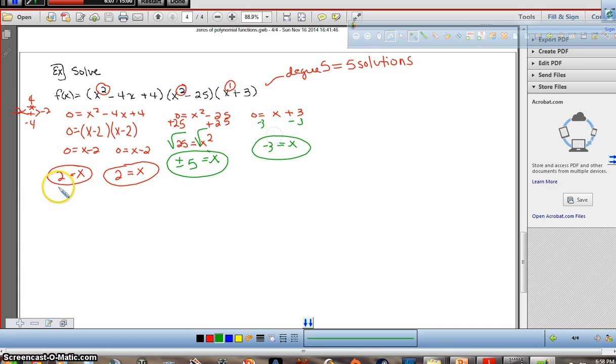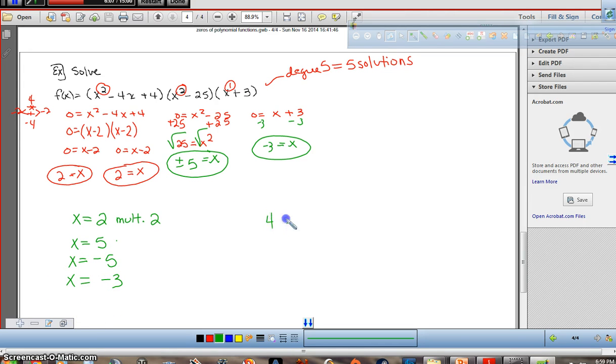Let's see what we came up with. So we have 1, 2, 3, 4, and 5. So we could say that it has solutions that are x equals 2 with a multiplicity of 2, x equals 5 and x equals -5 from this little plus or minus deal, and x equals -3.